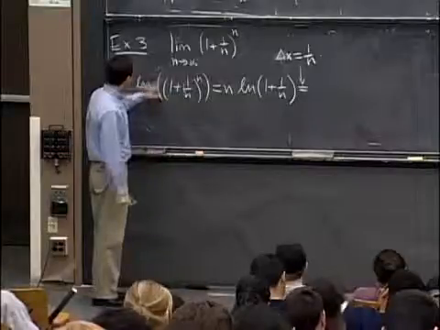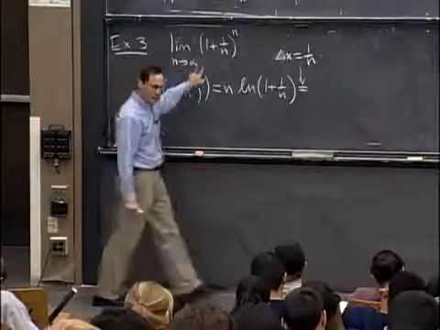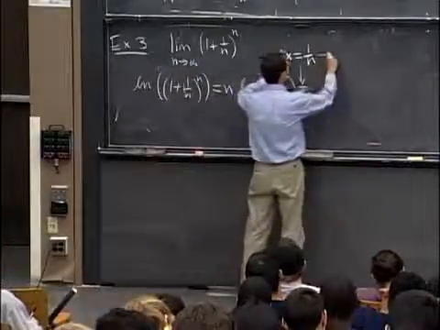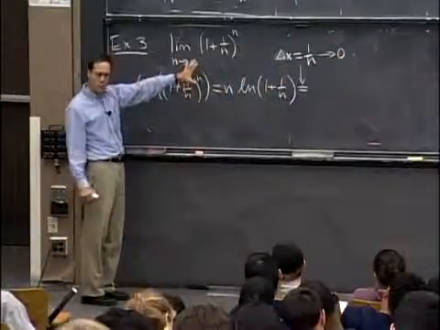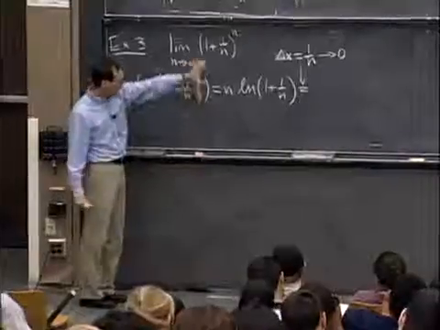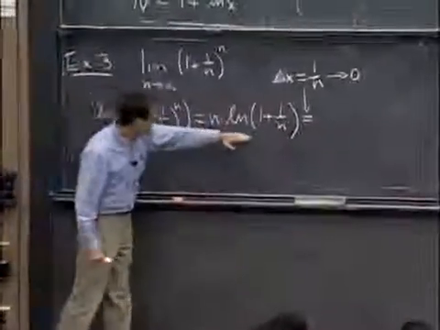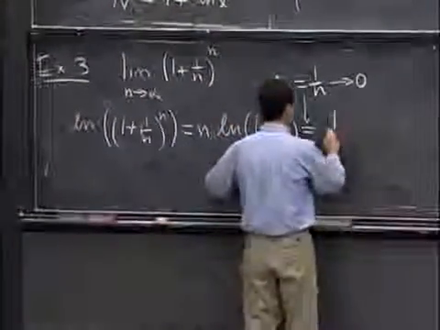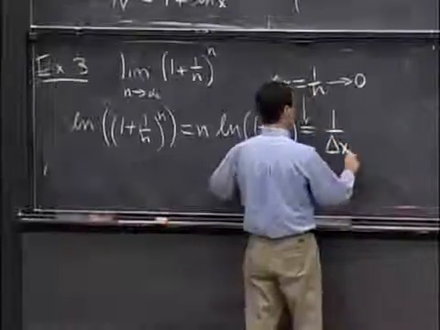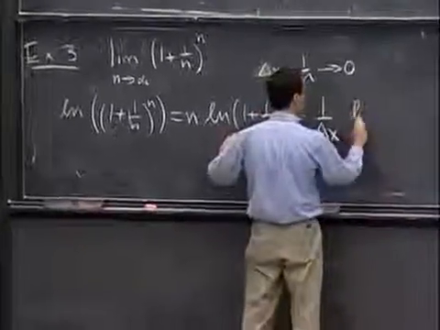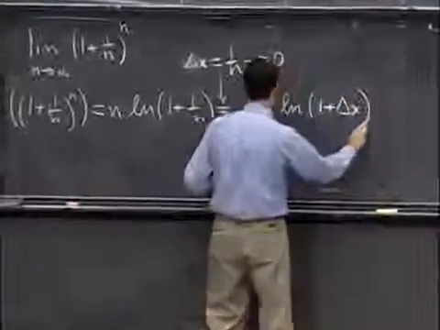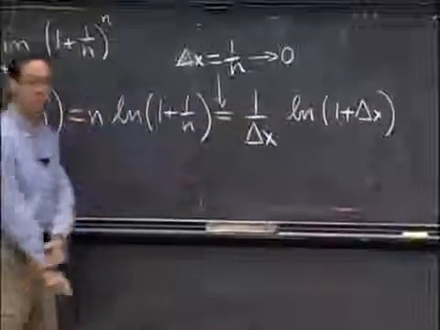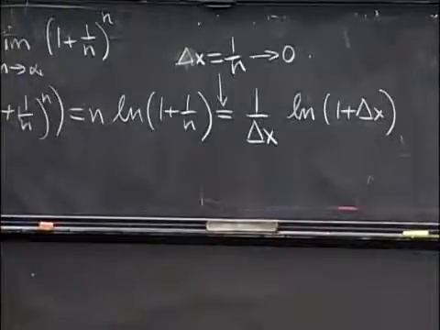So if n is going to infinity, then this delta x is going to 0. So this is more familiar territory for us in this class anyway. So let's rewrite it. So here we have 1 over delta x, multiplied by log of 1 plus delta x. All right, so n is the reciprocal of delta x.